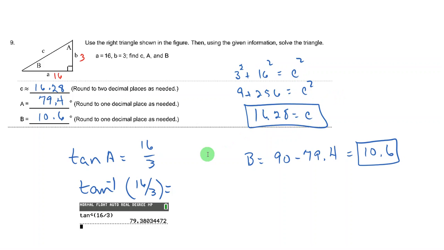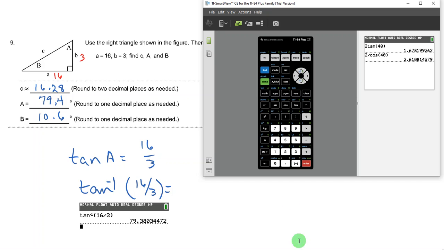Now, we're looking for an angle, so that's different than what we've been given before. The tangent of A is equal to 16 over 3. So when you go to your calculator, let me clear this, we would do second tan, because we're given what tan is and we want the angle.